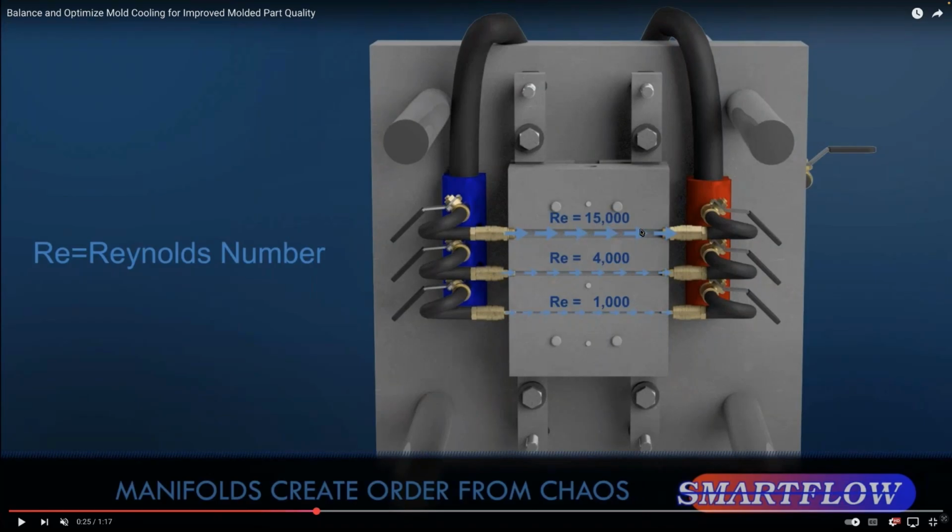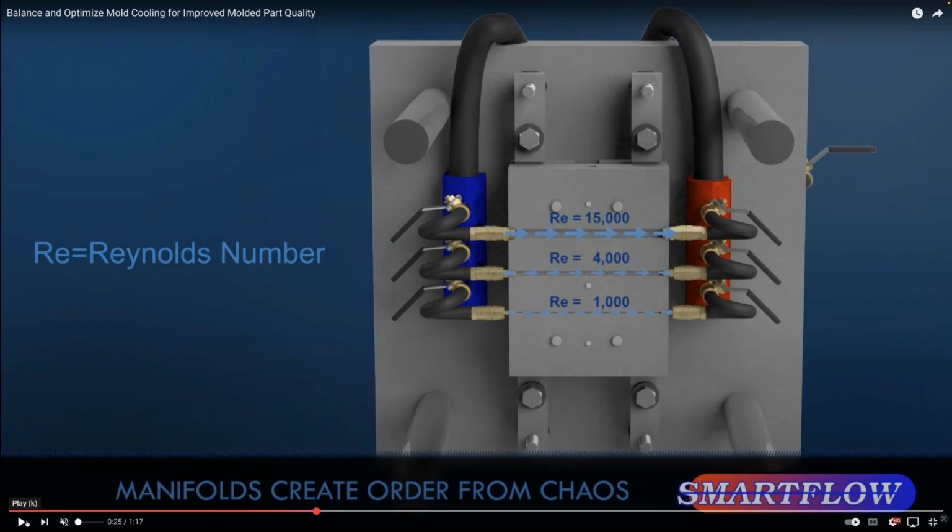Likely this top circuit is a straight-through circuit. Maybe this 4,000 has a tortuous path, meaning it has a lot of corners to go around. Maybe that third circuit's a bubbler. The water is going to take the path of least resistance through that first circuit. As a result, the Reynolds number is higher because it's getting the majority of the flow.